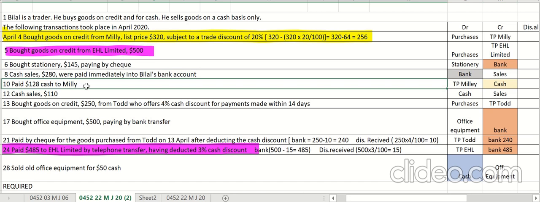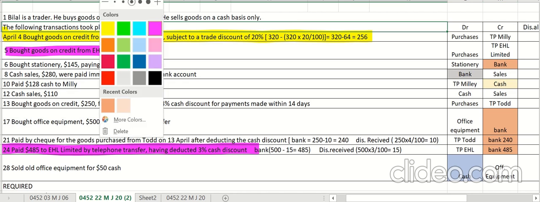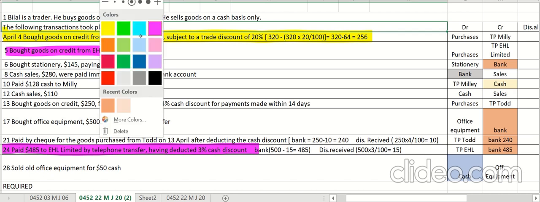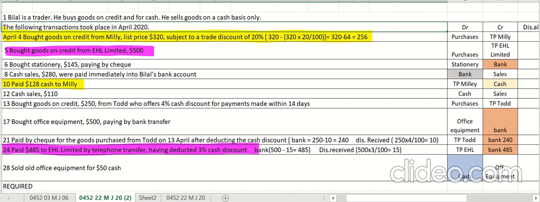So now we can see this is related to a transaction which was in the earlier one. So this transaction is related to this one. So here you had paid cash TP Millie debit and cash credit. Cash sales 110, cash account debit, sales account credit.